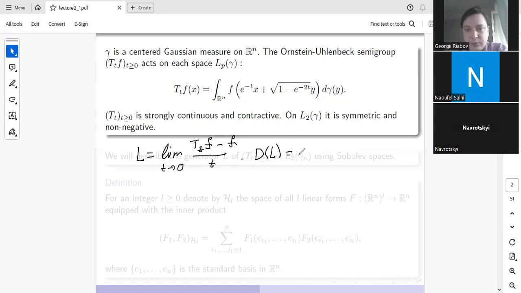I will write it just as follows: f is in L2 gamma n such that that limit exists. In fact, we had a description of the domain.